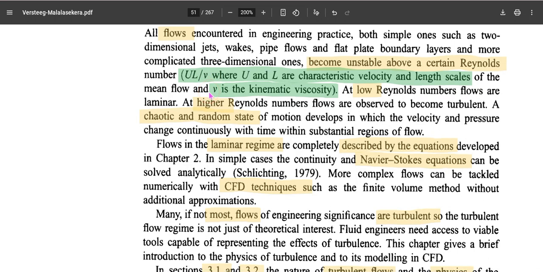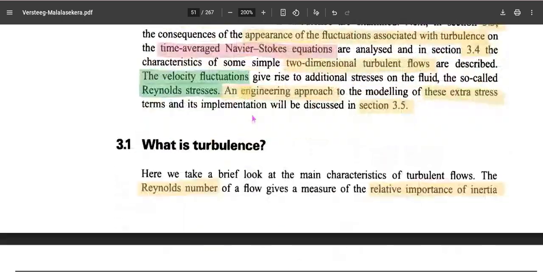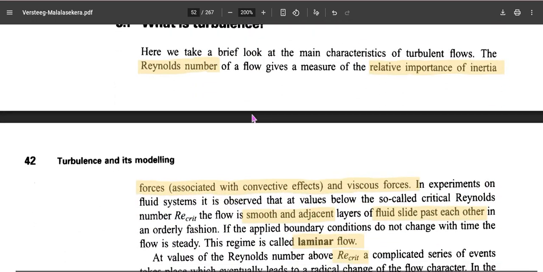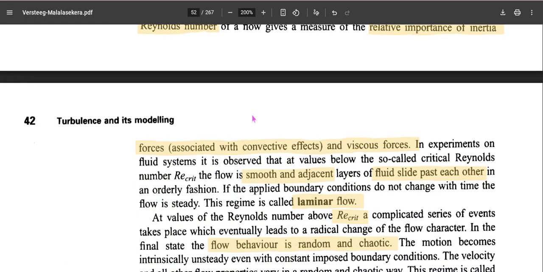In another way, we can say the numerator is an inertial term, and the denominator is a viscous term. How far the viscous term or the inertial term dominates is going to determine the value of the Reynolds number. At a higher value of the inertial term, the Reynolds number is high, and if the viscous force dominates, the Reynolds number is low.